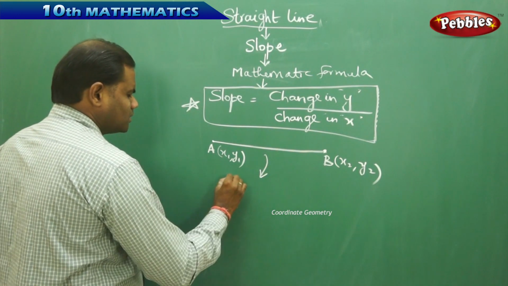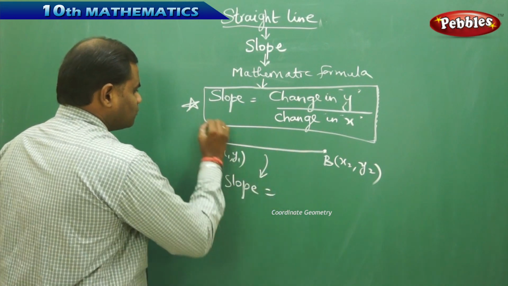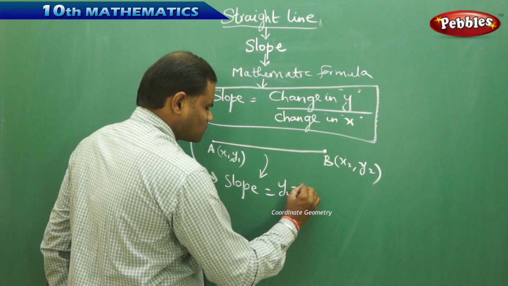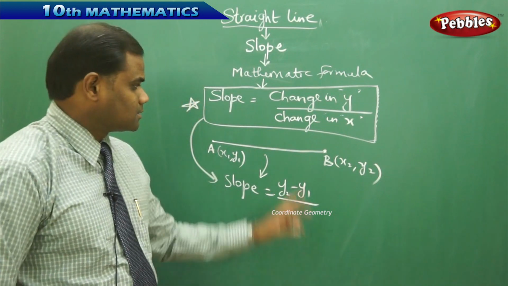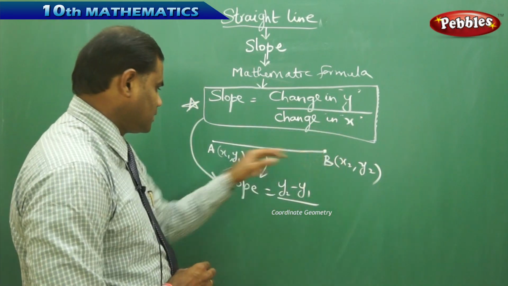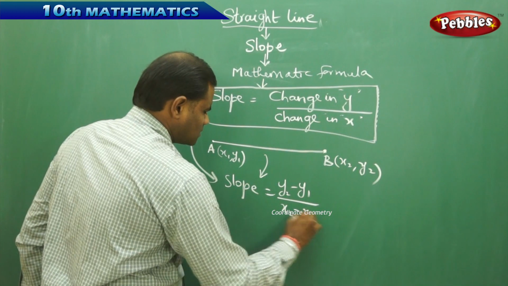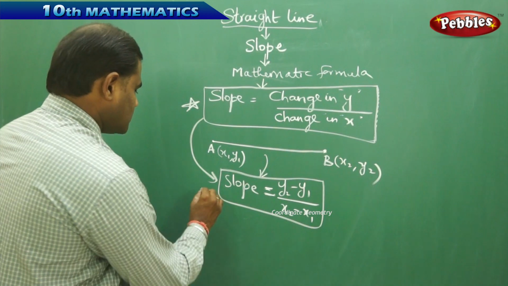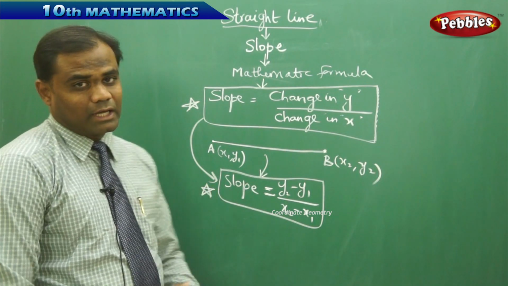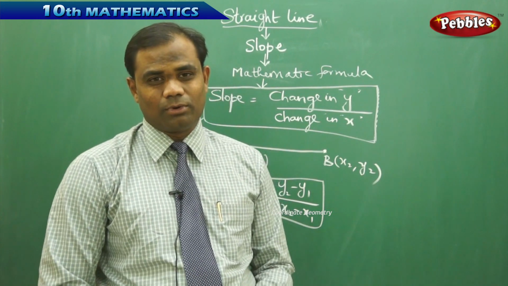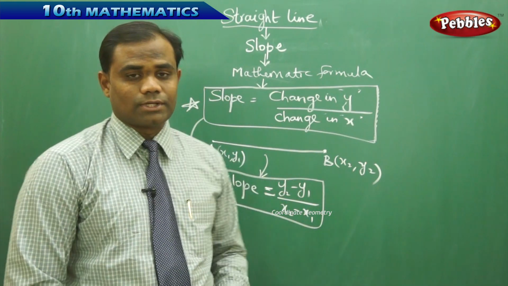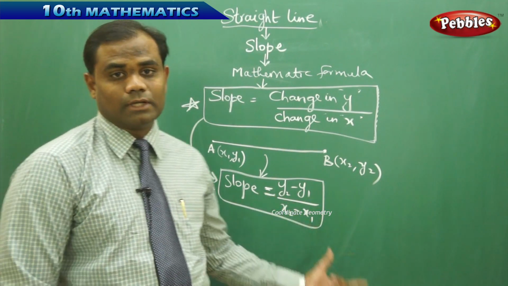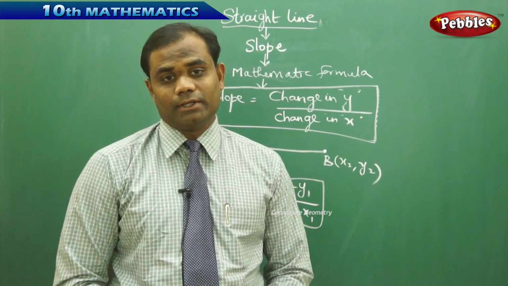Therefore, the slope of this straight line using the formula would be change in y, which is y2 minus y1, by change in x, which is x2 minus x1. This is how we connect the slope with the coordinates as the formula. So when I have two coordinates given, I can find the slope of the straight line using this formula.